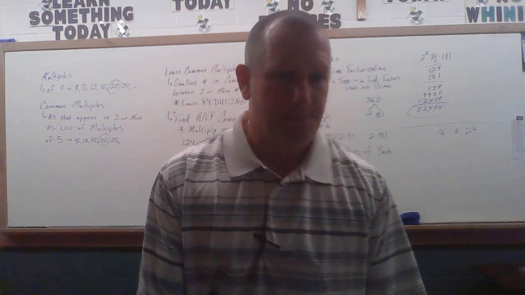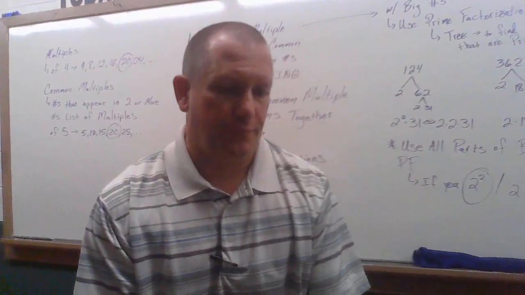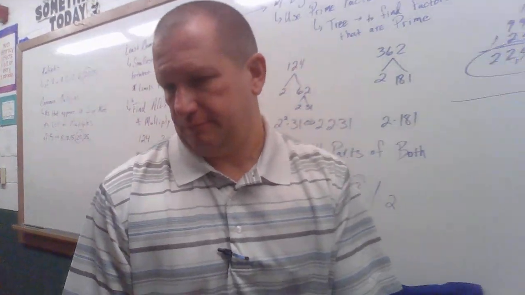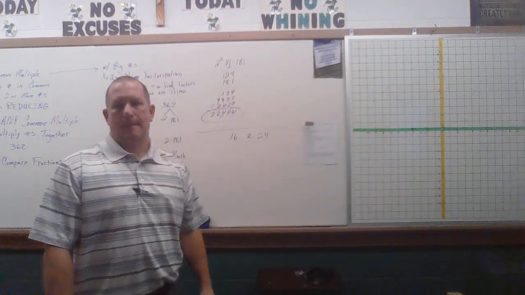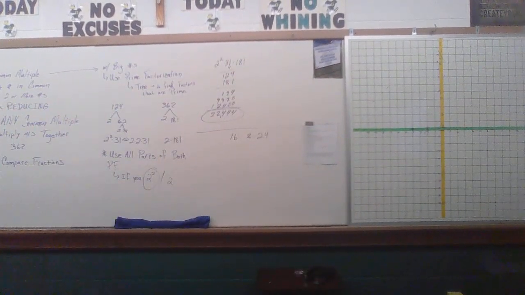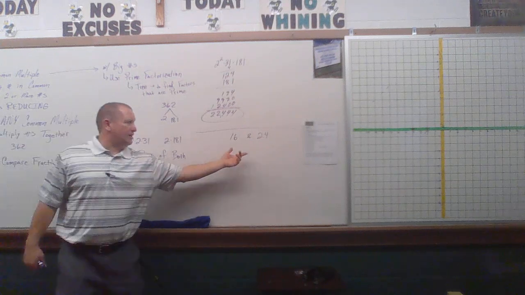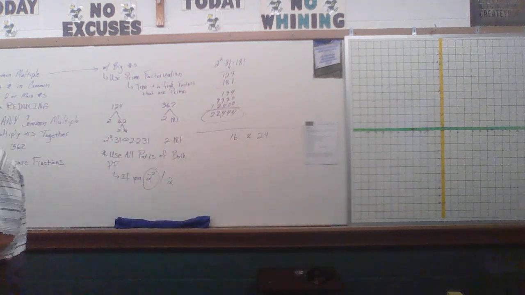Okay? Now again, if they don't specifically ask you to find the least common multiple, and they just ask you to find any, I'm just going to always take 16 times 24 and get my answer.